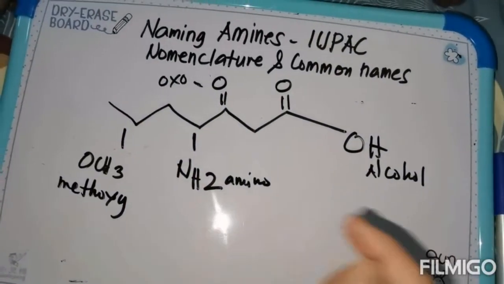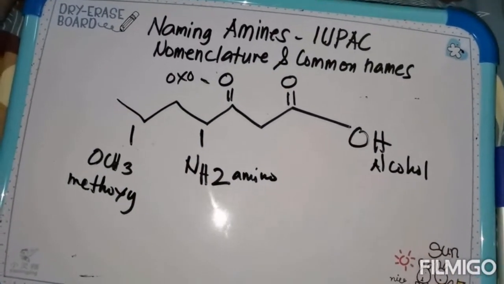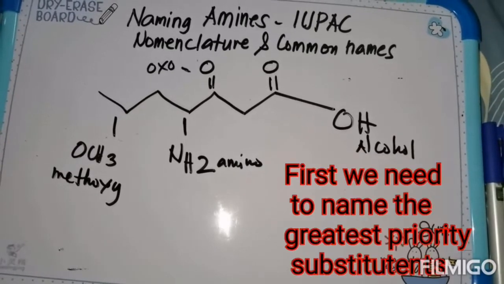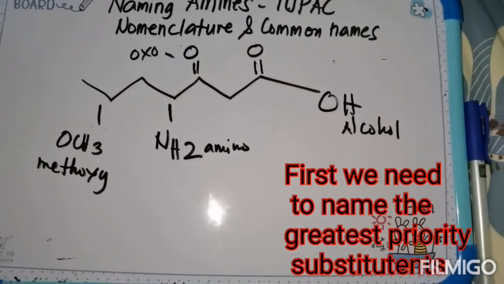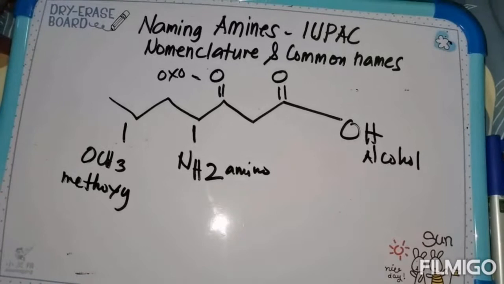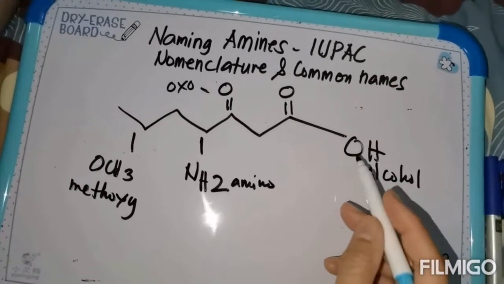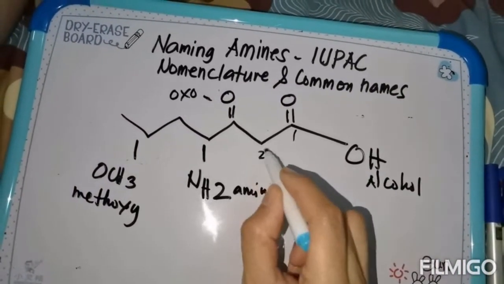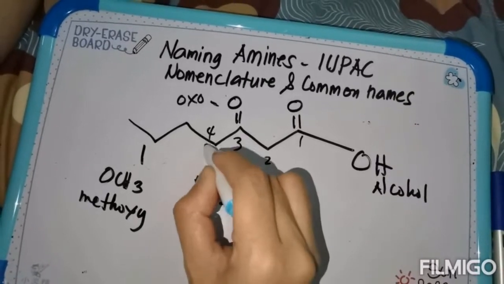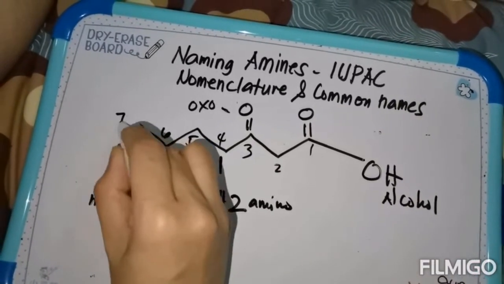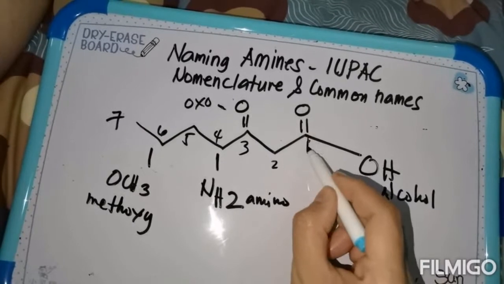So how could you name this particular molecule? First of all, we need to determine which functional group has the highest priority. So we have 1, 2, 3, 4, 5, 6, 7. Why do I name this number 1?